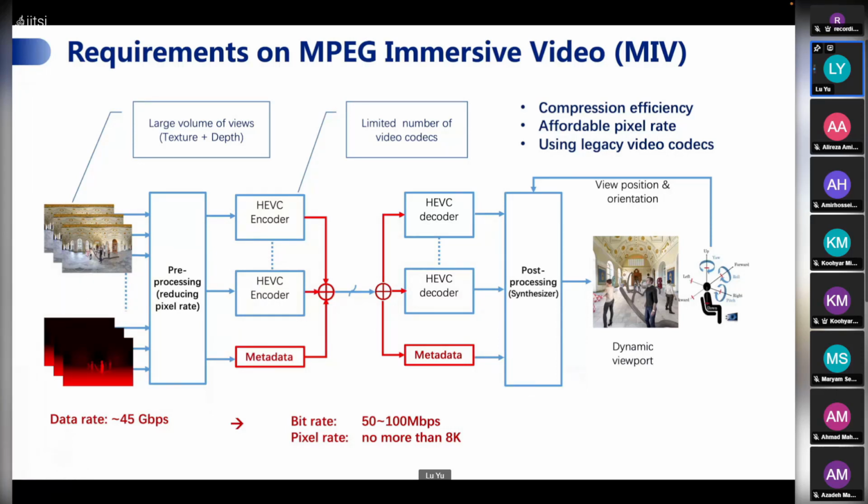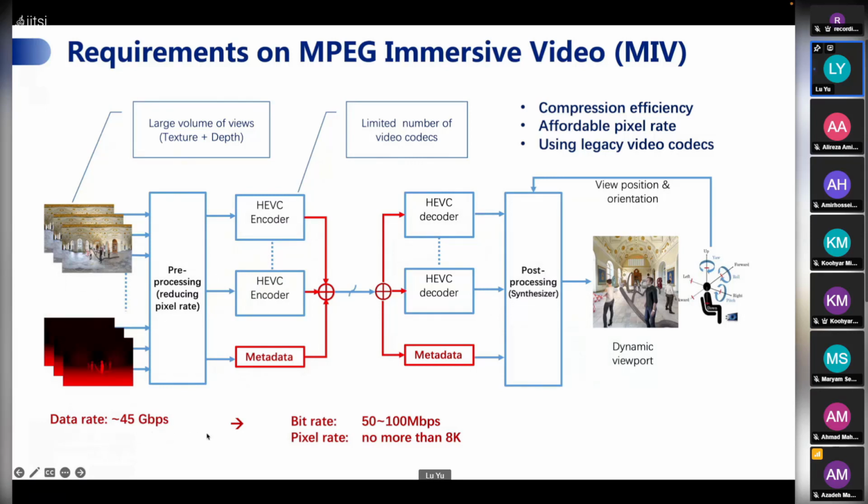And those atlases can be compressed with existing video codecs, such as HEVC codecs. In addition to that, we also need more information to describe the information in the newly generated atlases.